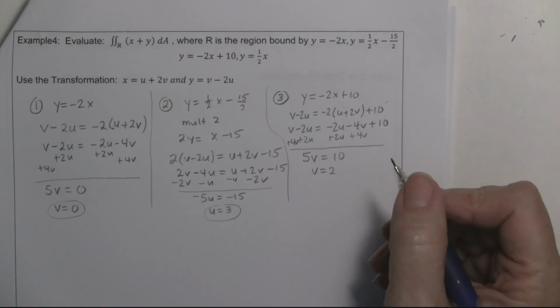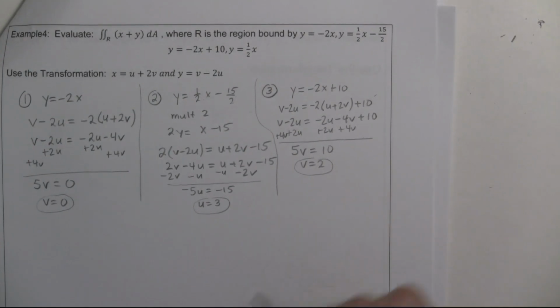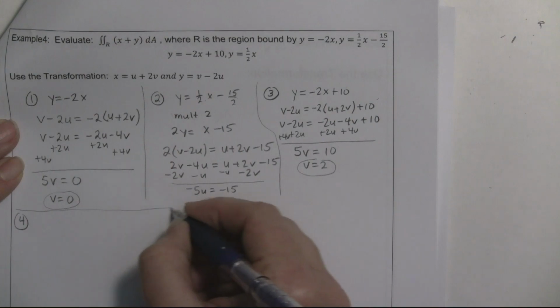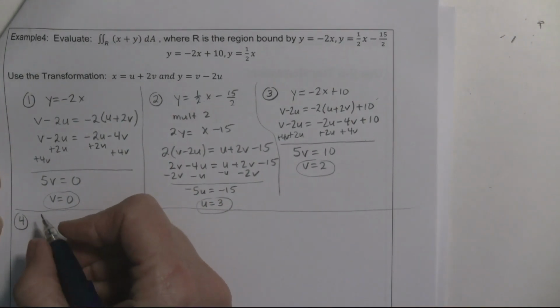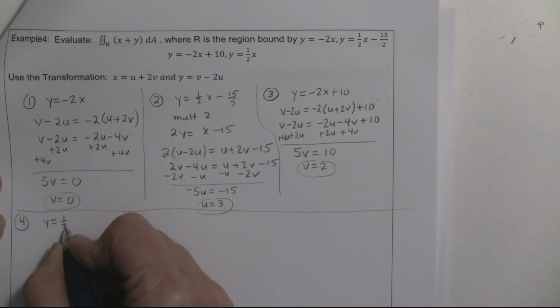And so you can see that all of these equations are nicer than the equations that I had. And I'm going to make a sketch of them myself. I won't even go to Desmos. And I have one more to do. And I'm going to put it right here. I'm kind of a boxy person, you know how I am. And so y equals 1/2 x.